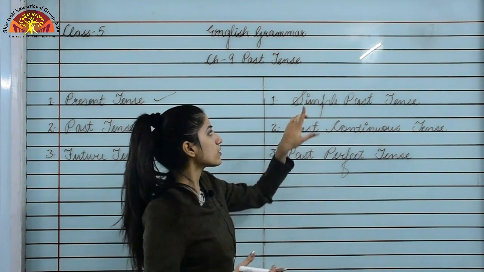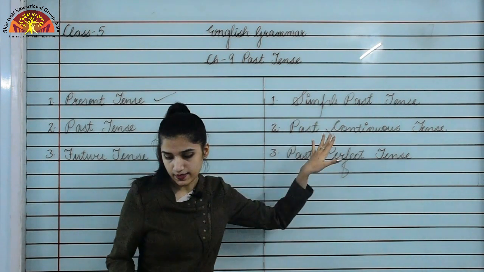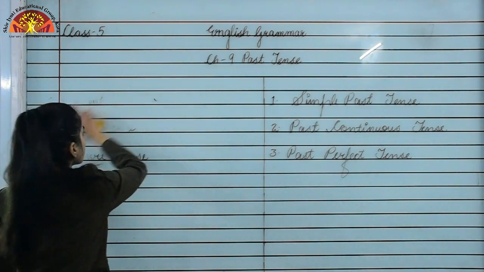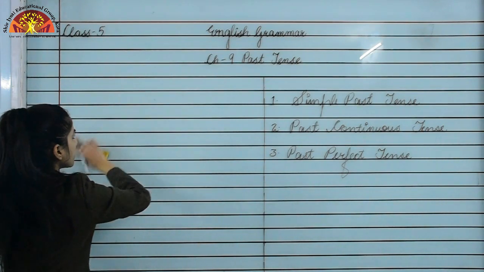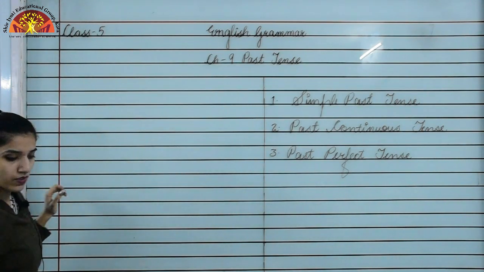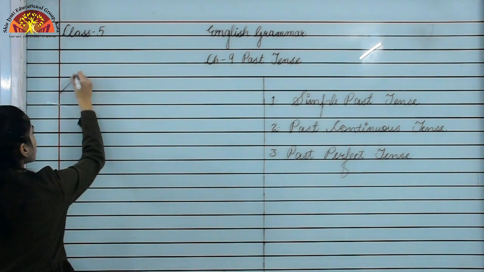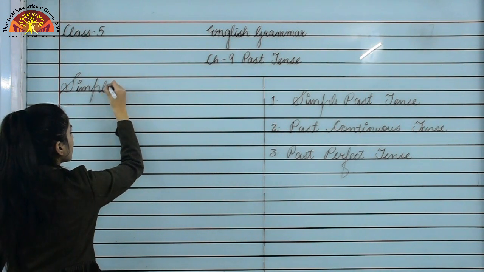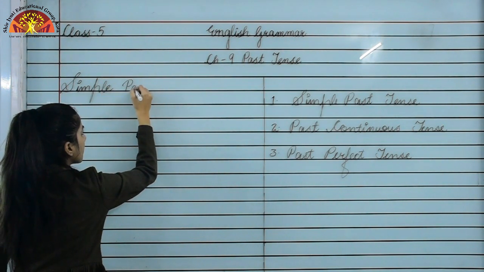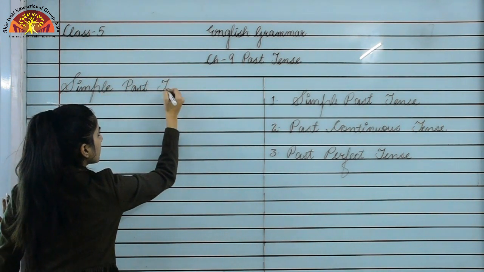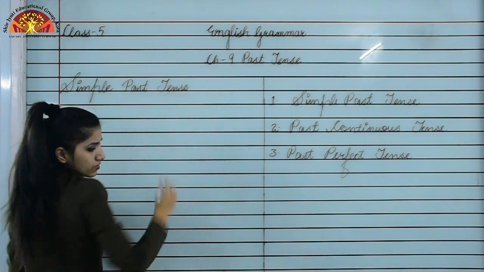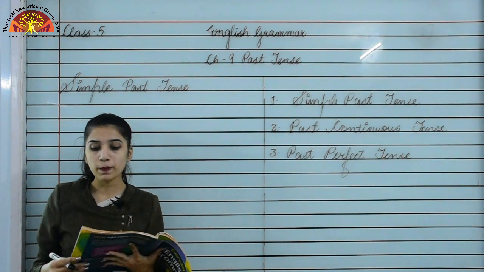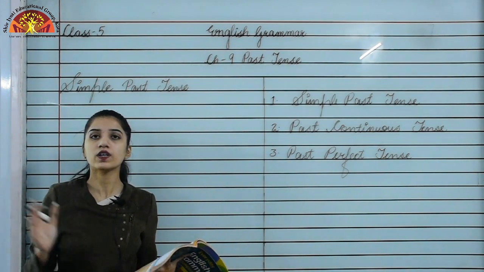Now we will be doing simple past tense. Simple past tense indicates an action that took place in the past and is over now.